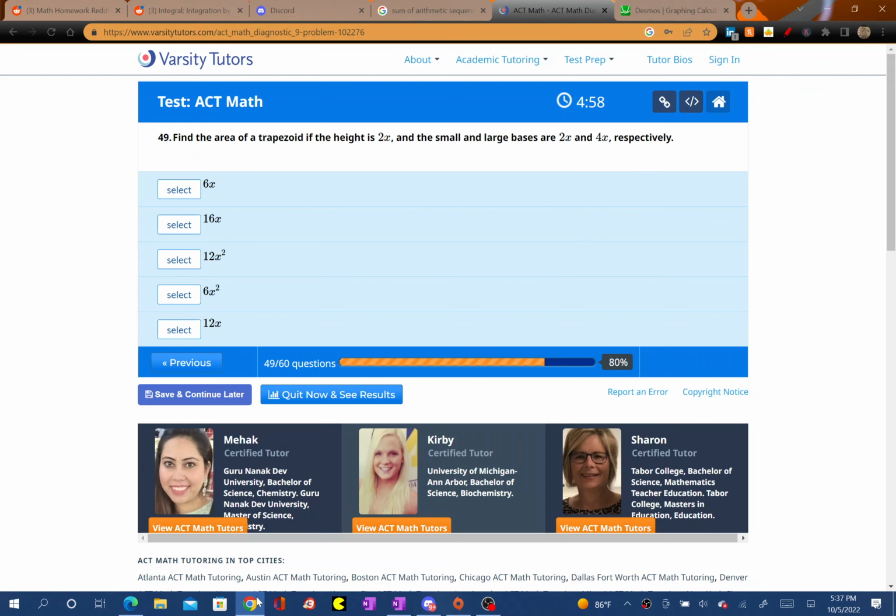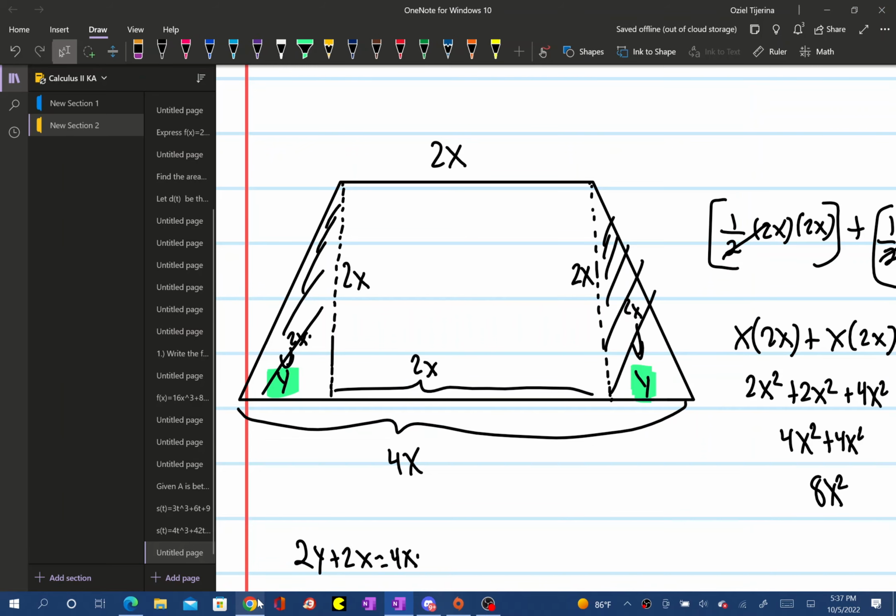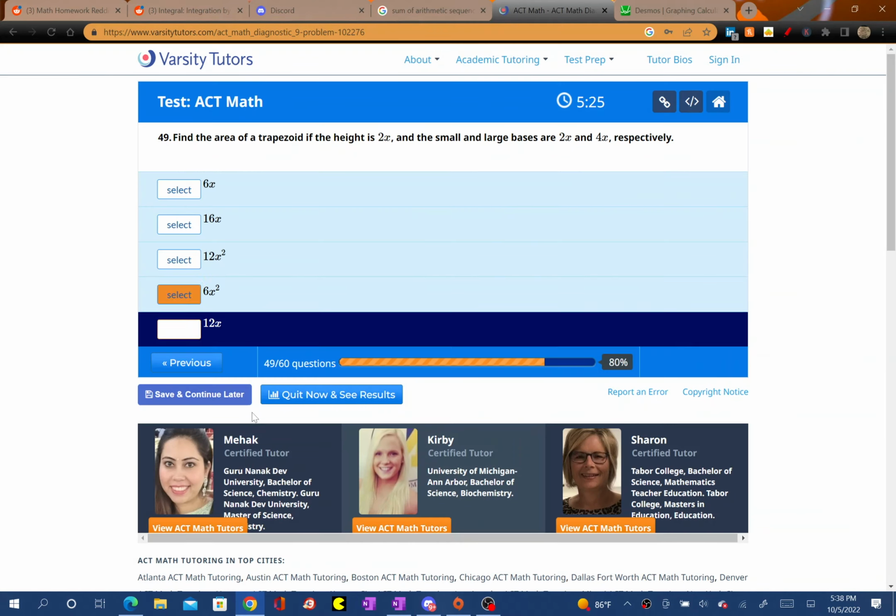Area of the base is 2x and 4x. The height is 2x. Small and large bases are 2x and 4x respectively. Yeah, I don't know.